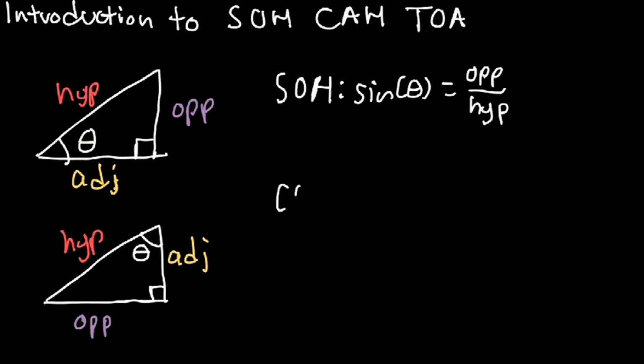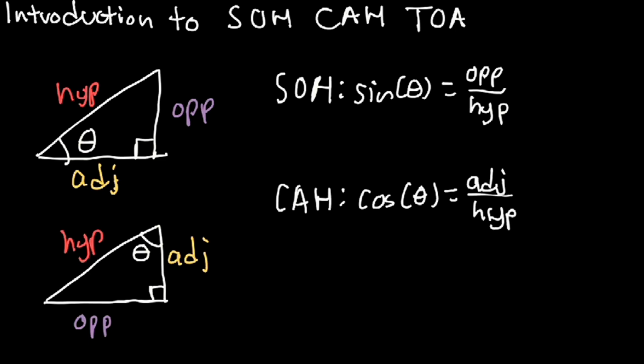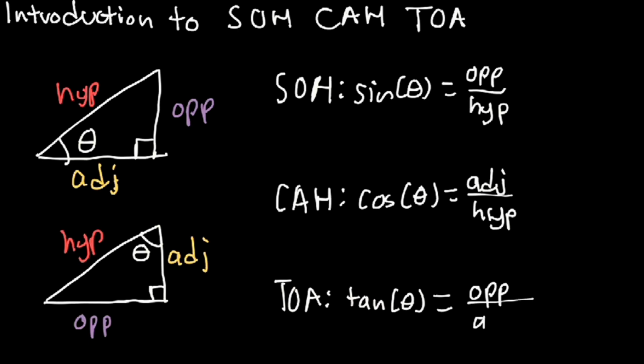Then CAH: cosine theta equals the adjacent over the hypotenuse. And TOA is just tangent theta equals the opposite over adjacent.